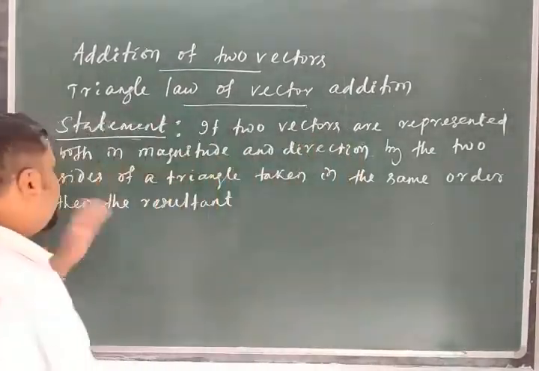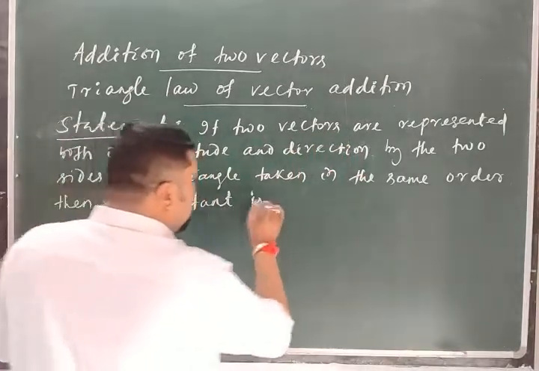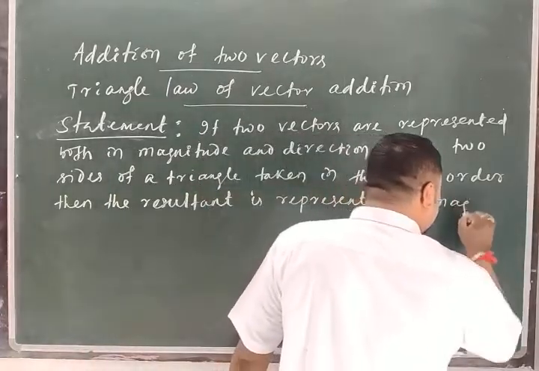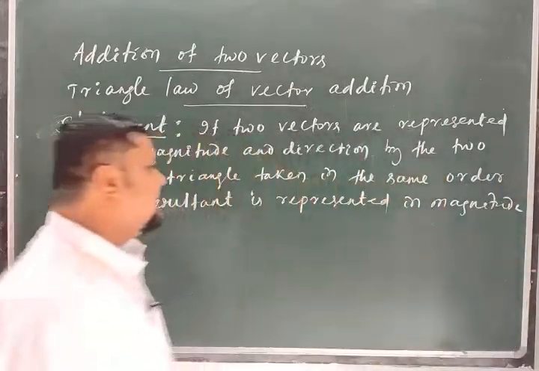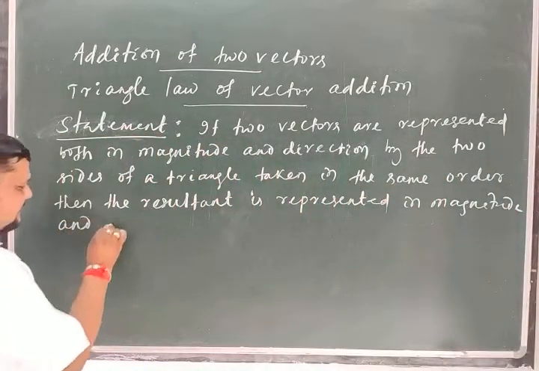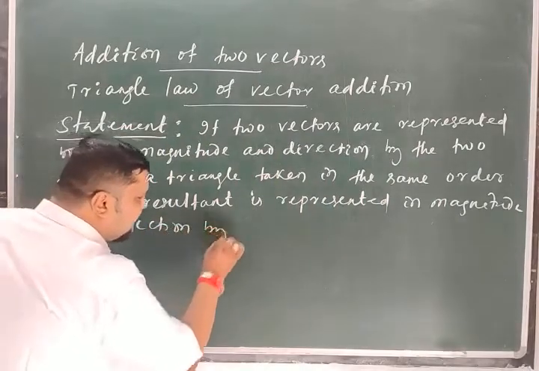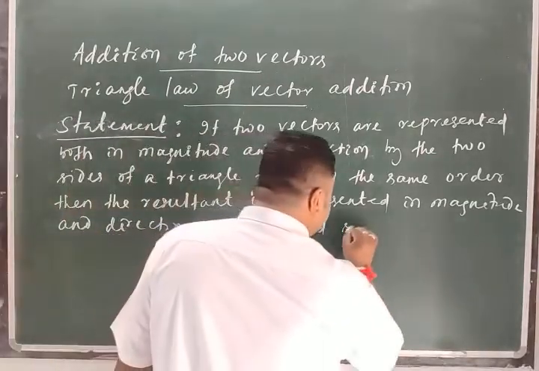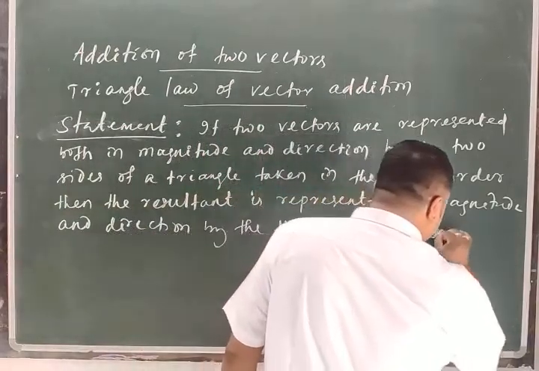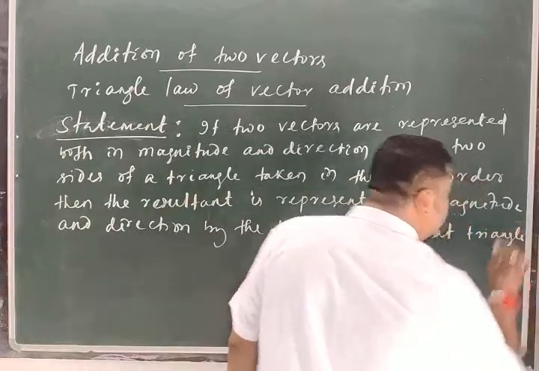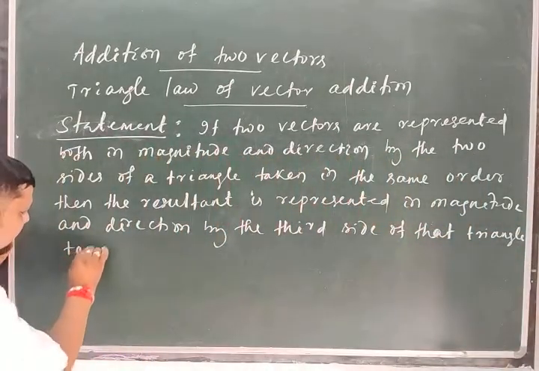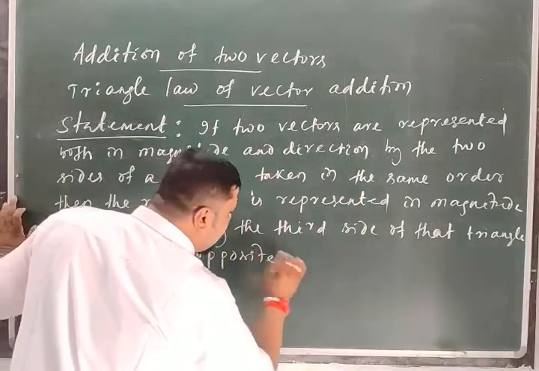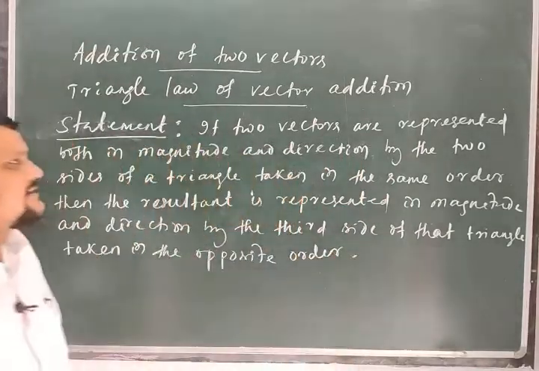So we can write: the resultant is represented in magnitude and direction, again a magnitude and a direction, by the third side of that triangle taken in the opposite order. Are you clear about this statement?